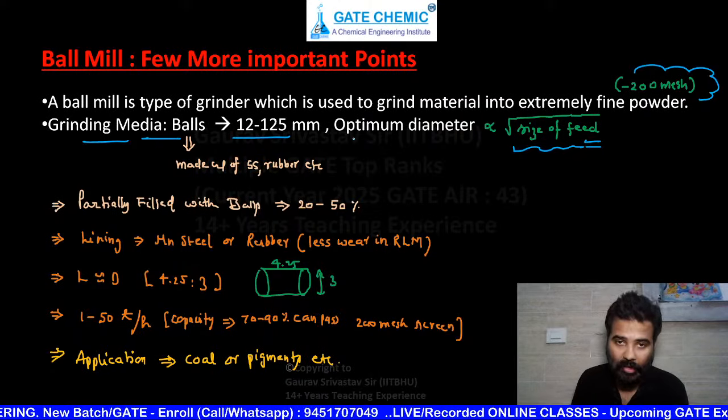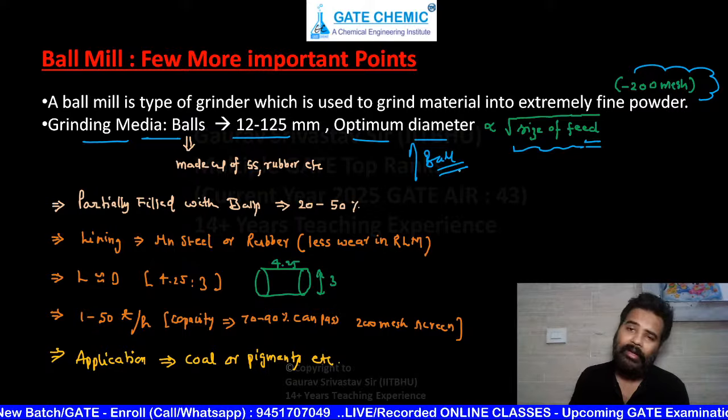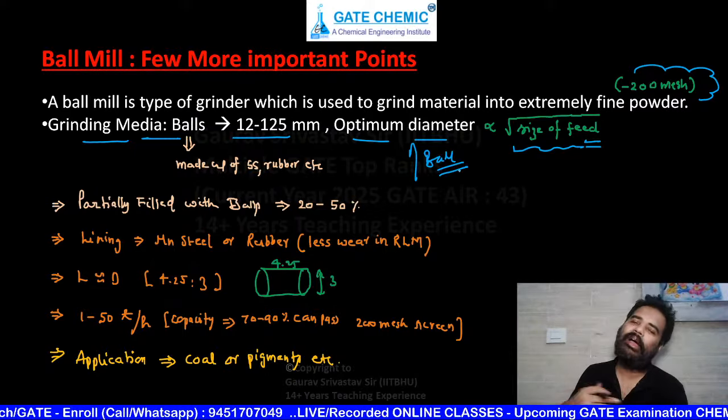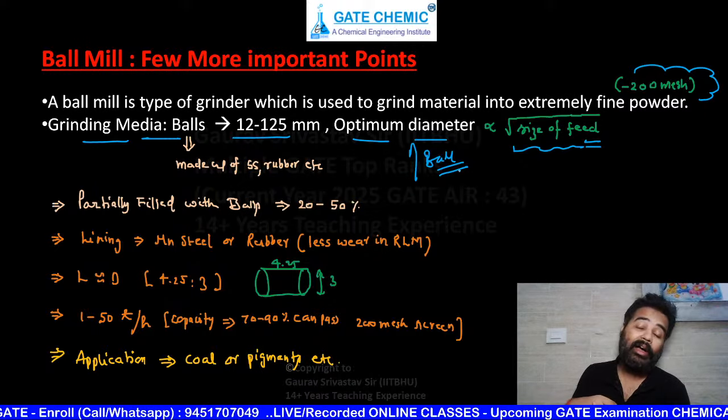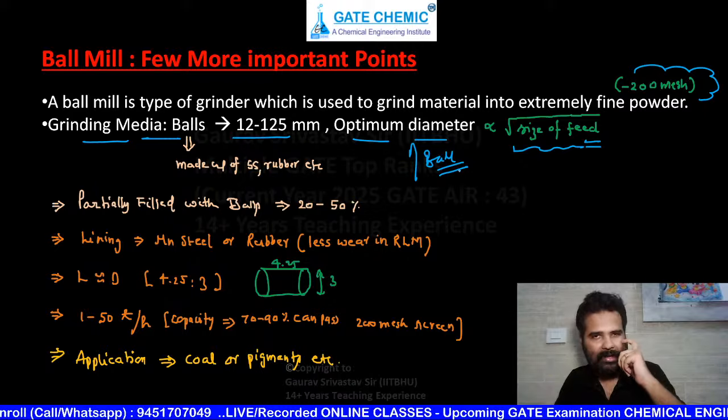Size of feed, optimum diameter of balls. And I added this to my slide a few years ago when it was asked in a PSU paper. It was asked in a PSU paper, and from there we added it to our slide.